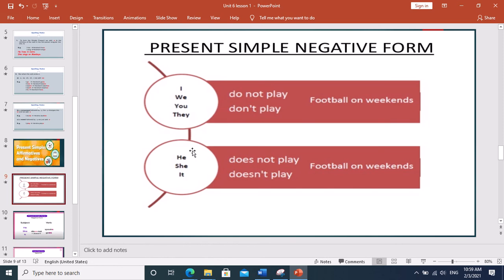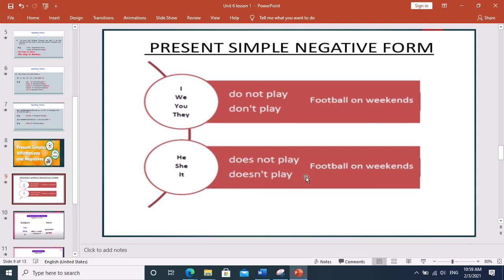But when I use he or she or it, singular personal pronoun, I have to use in a negative what? Doesn't. And don't forget to put the verb in the infinitive. Look, he doesn't play. Here I'm not going to add S. She doesn't play. I'm not going to add S. It doesn't play.